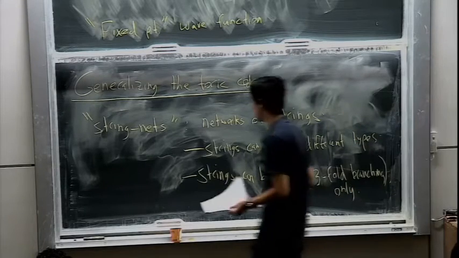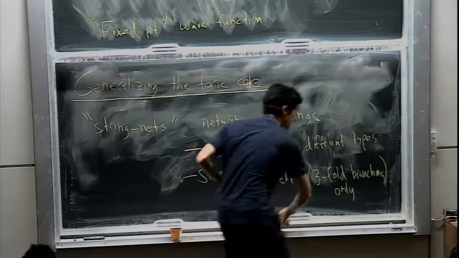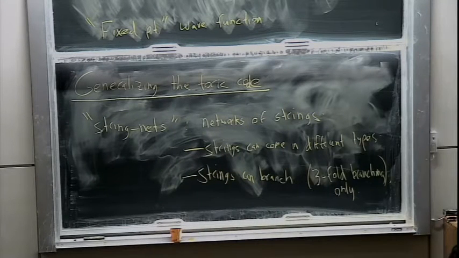Basically it's some strings, so let me draw a picture of an example. A string net configuration would be something like this.